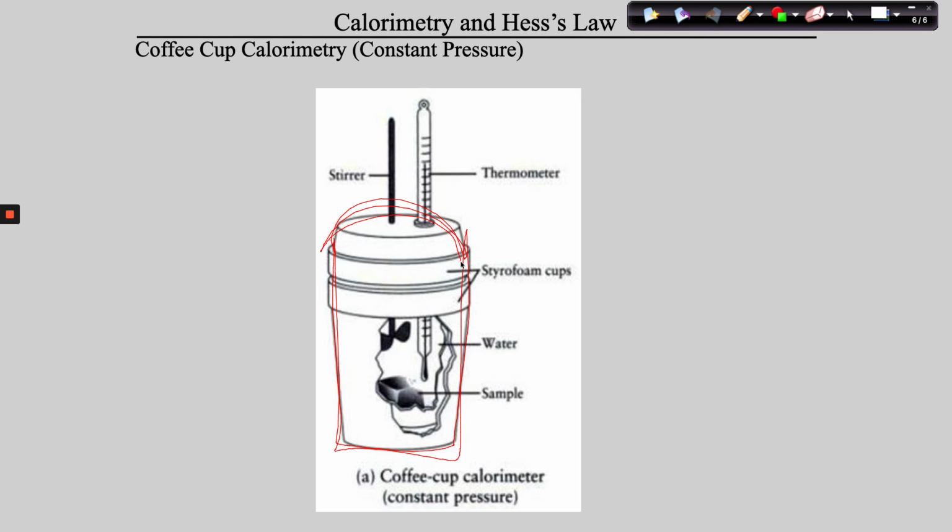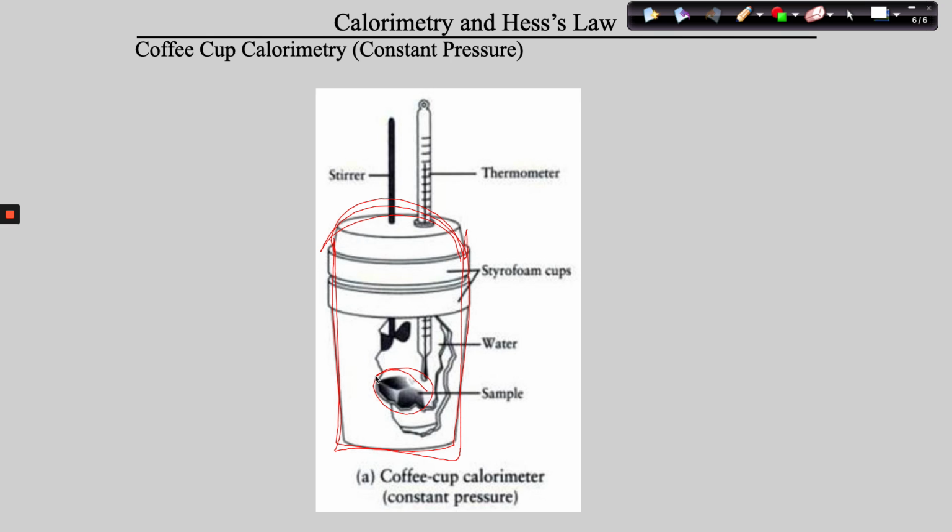And heat cannot get through the styrofoam. It's insulated from the rest of the universe. And if that's the case, and if this is our system, what is now our surroundings?